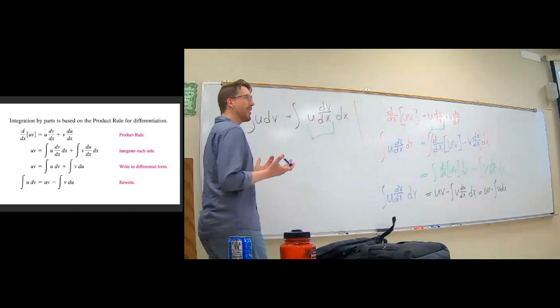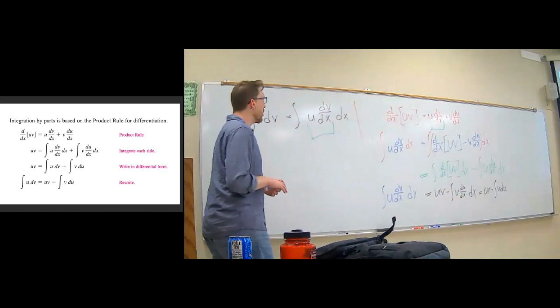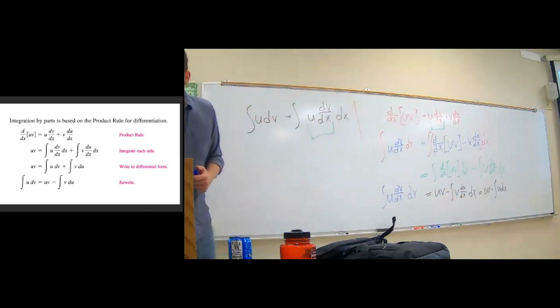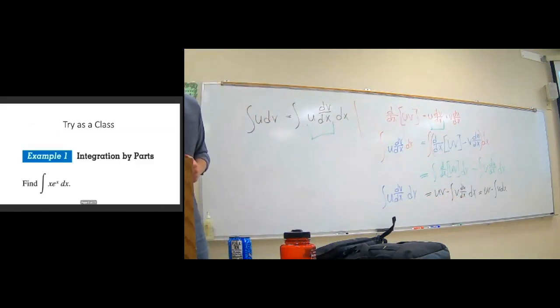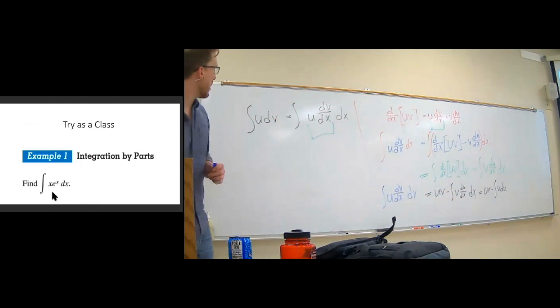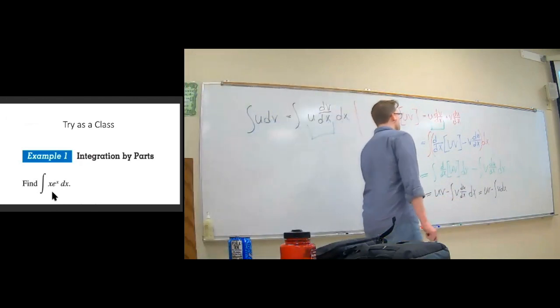Now, how is that going to be useful? Because it doesn't really seem like it ought to be. Well, it's useful because sometimes cool cancellations might occur. So for example, let's consider this first example right here.